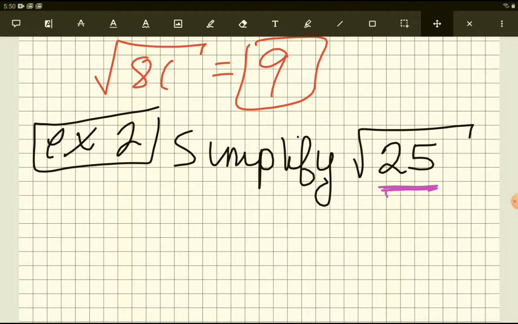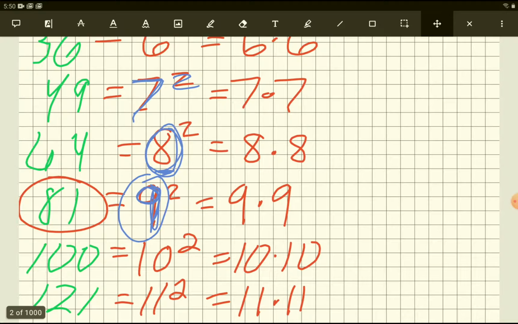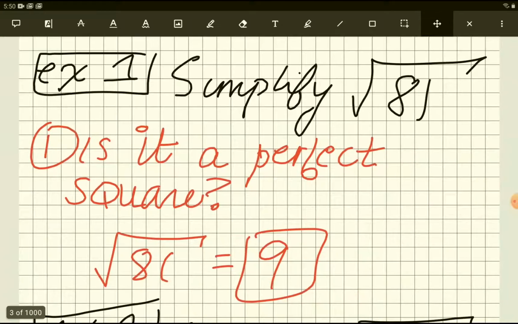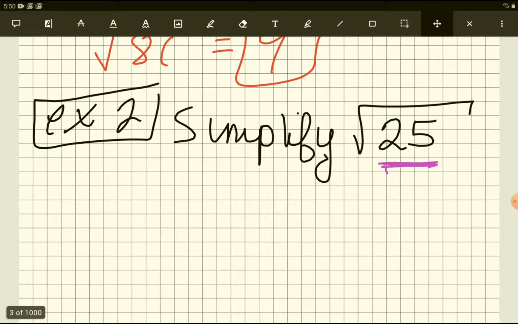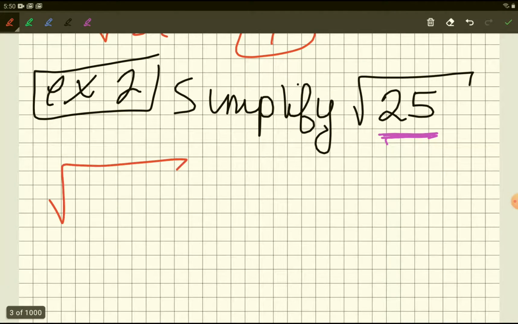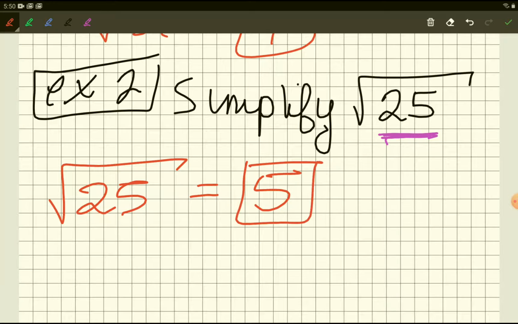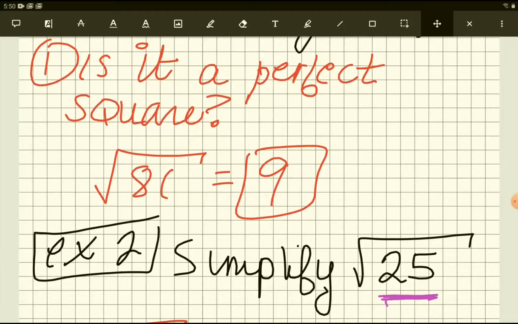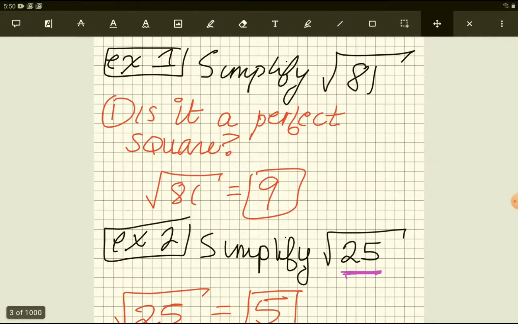And so just check your list. If you don't already have it memorized, that is your answer. Just 5 all by itself. So life is really easy when the number on the inside is a perfect square. It's really clean and simple.